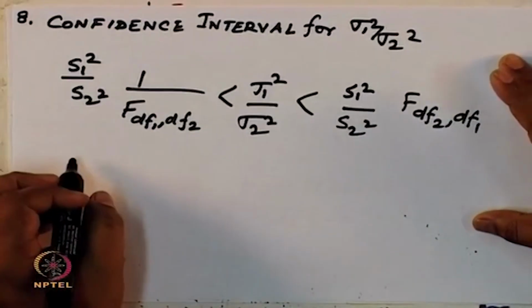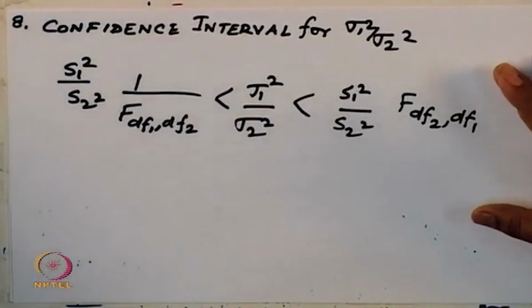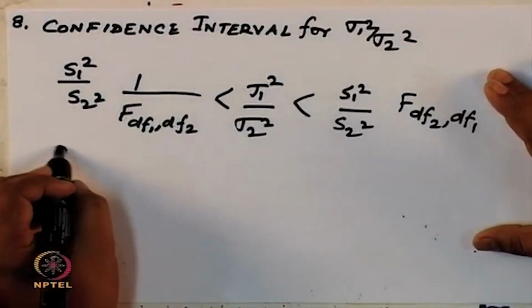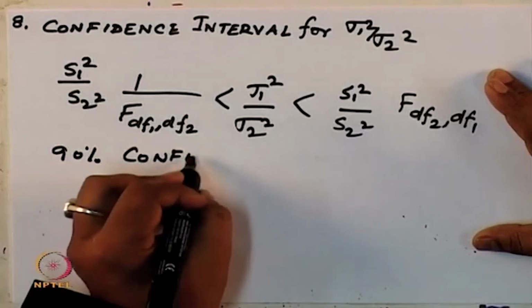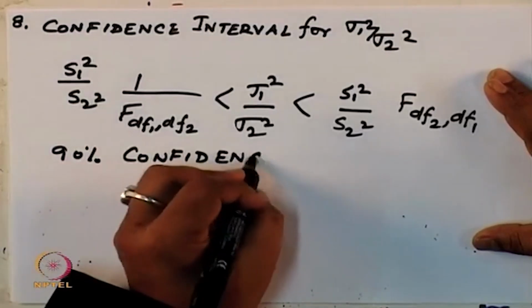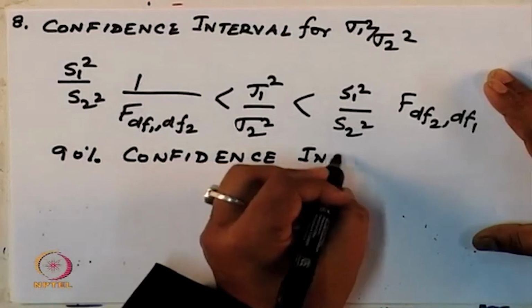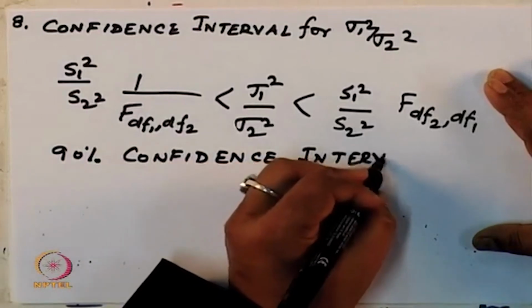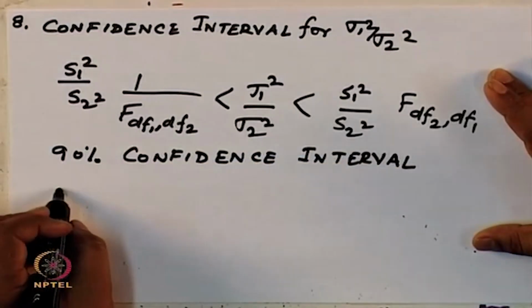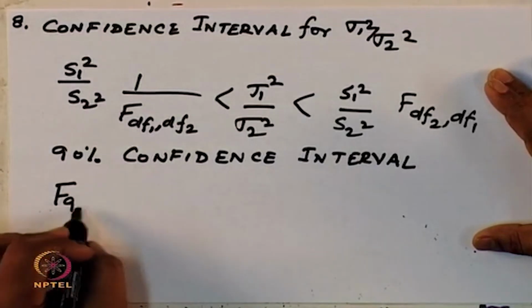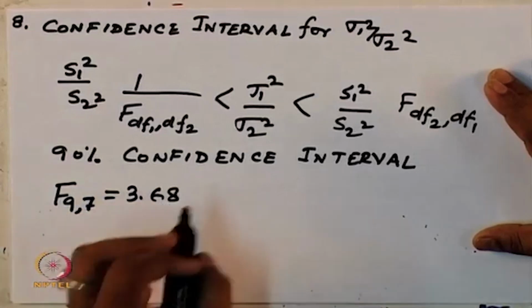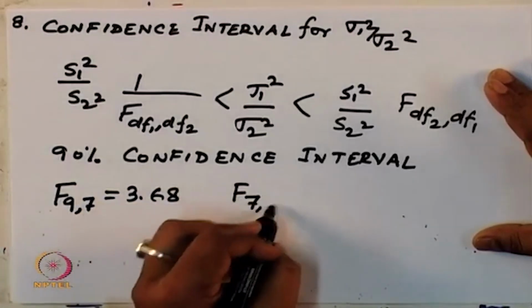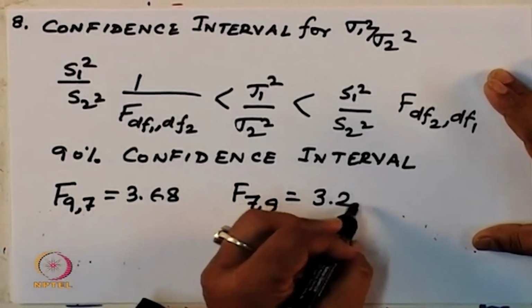For example, for the case that we discussed right now, for a 90% confidence interval, you can look up f of 9 comma 7, this is 3.68, and f of 7 comma 9, this is 3.29.